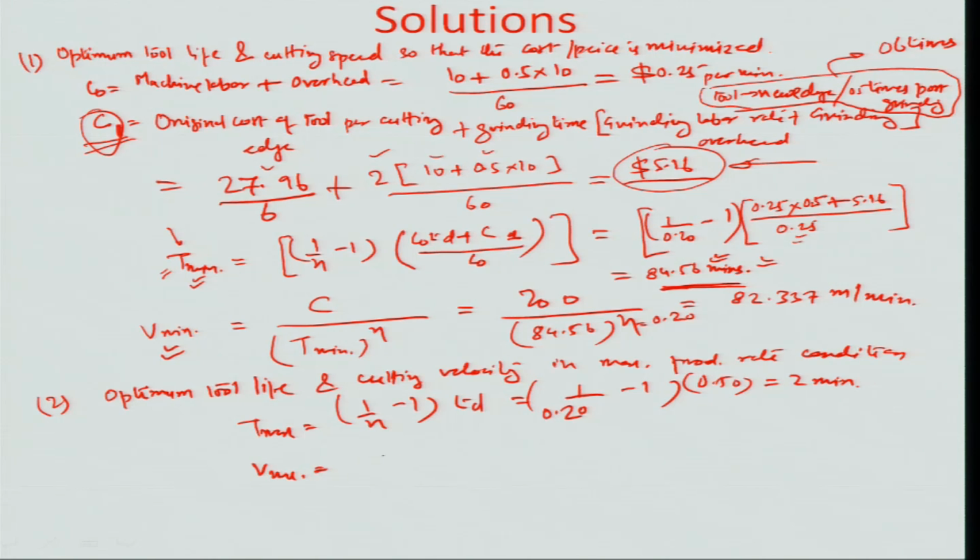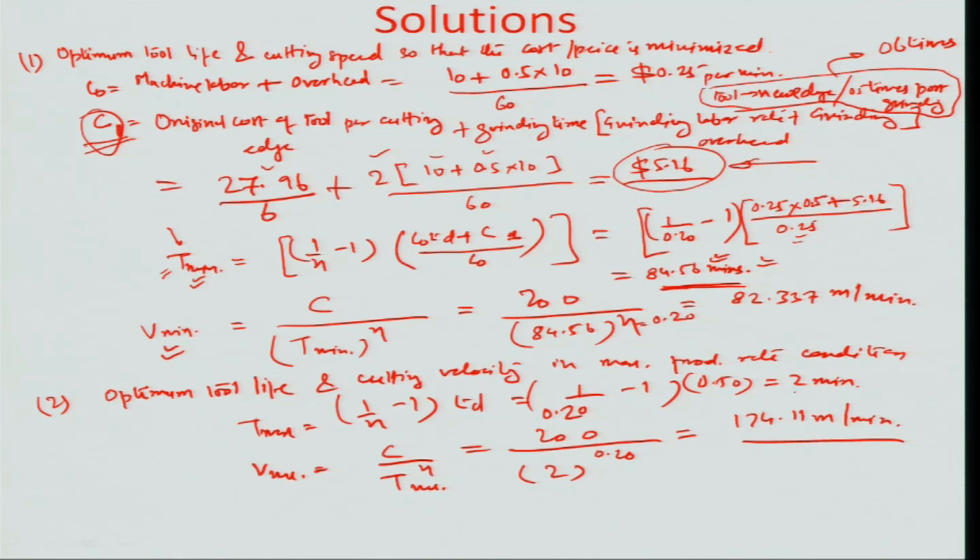And the Vmax, the velocity for the maximum production rate condition, obviously is c divided by T max to the power of n. So 200 divided by 2 minutes to the power of 0.20 comes out to be 174.11 meter per minute.